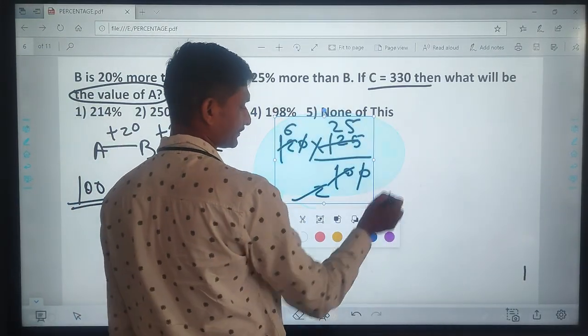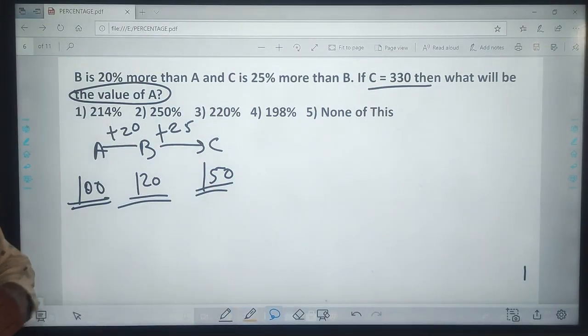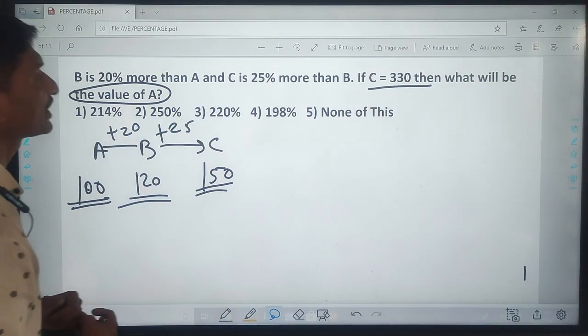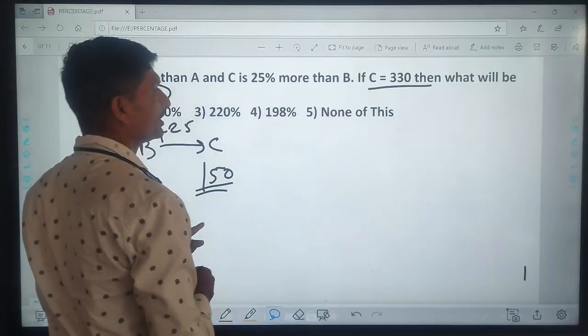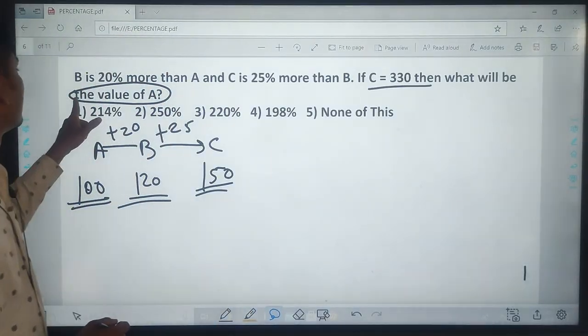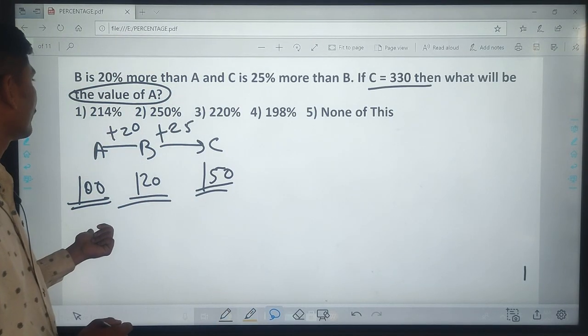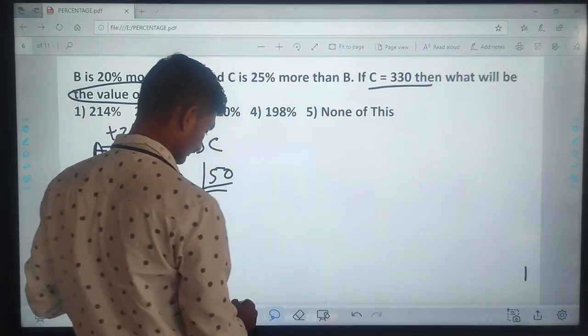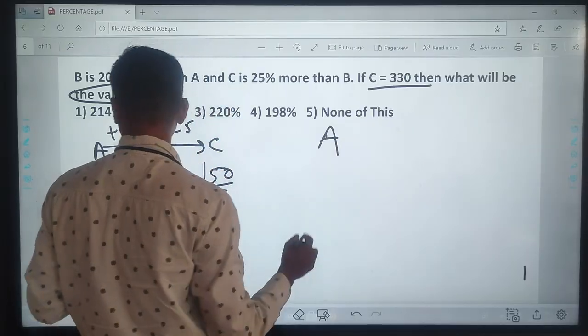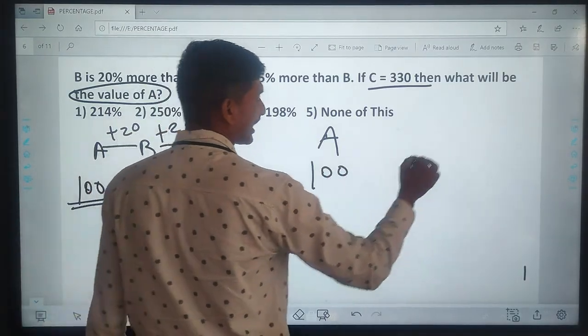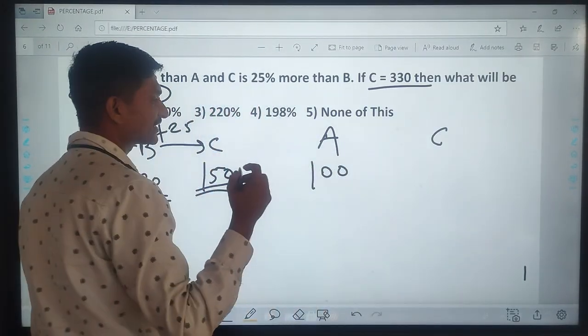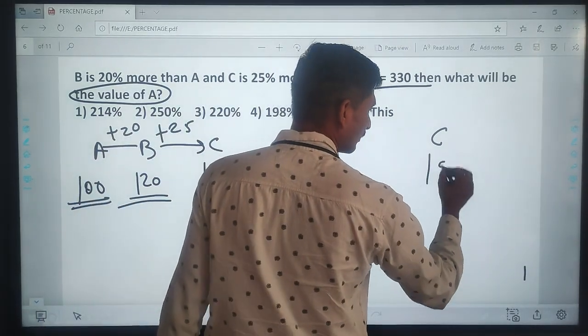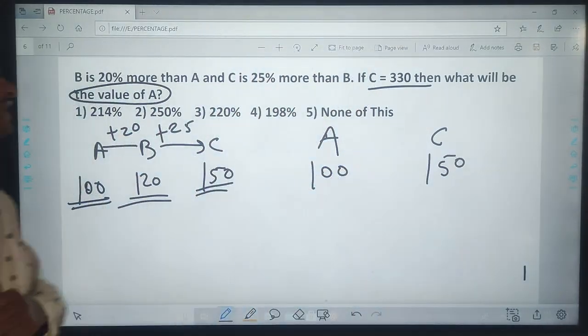Now if C is given as 330, then find the value of A. Here A is 100 and C is 150.